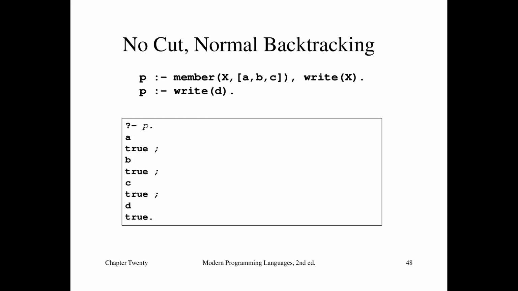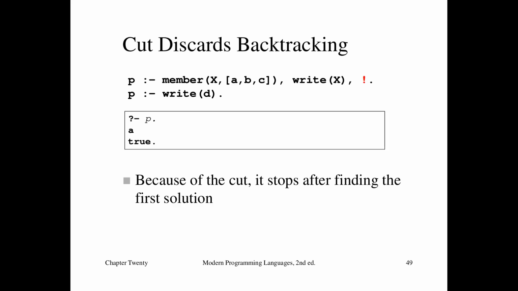The interesting thing is, if we were to put a cut in there, it would go through, find A, substitute X with A, and then write A, and that's it. It would never reach the D level or anything. Once it found the solution, it was done. There is no more continuing on.